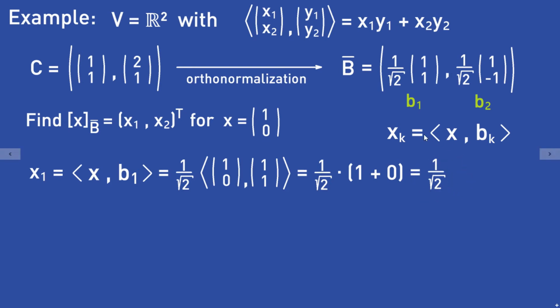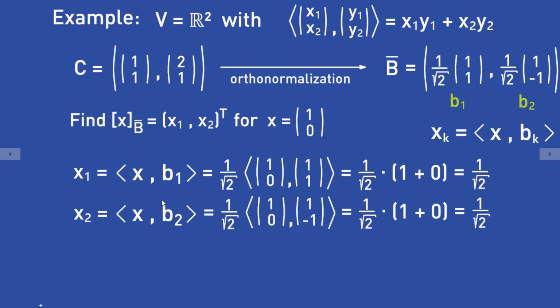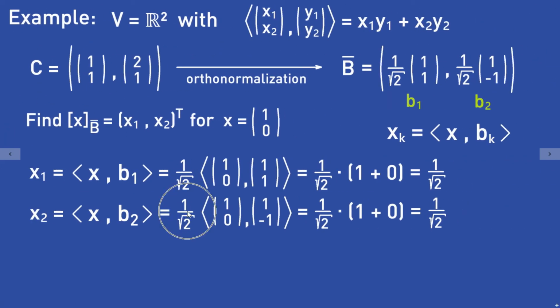By using that formula here again, we get that x2 is equal to the scalar product of x with b2. So that here is x and this here is b2. So when we plug these vectors in the scalar product, we get the following: 1 divided by the square root of 2 times the scalar product of the vector x, which is (1, 0), with that vector here, (1, -1).